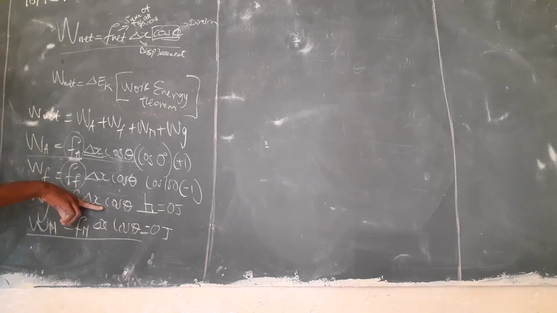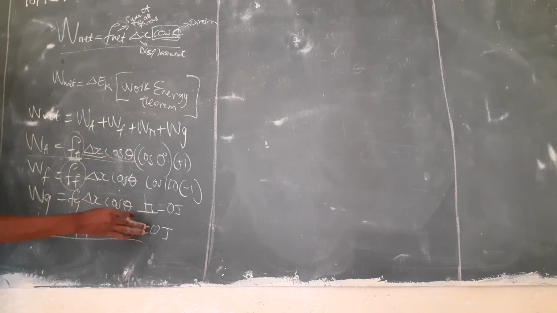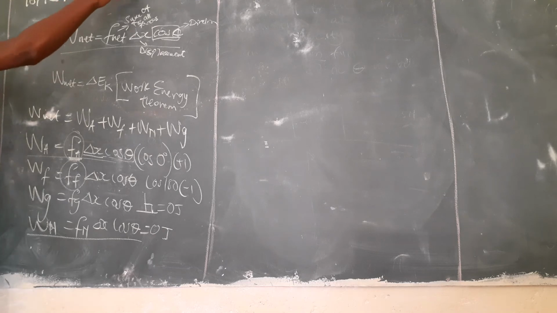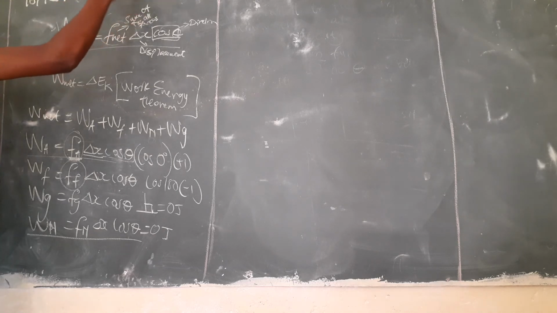Work done by gravity is going down. It's cos 270, because the angle it creates is 270. And work done by normal is cos 90 because it creates a perpendicular angle. So on the Cartesian plane, let's draw it here.